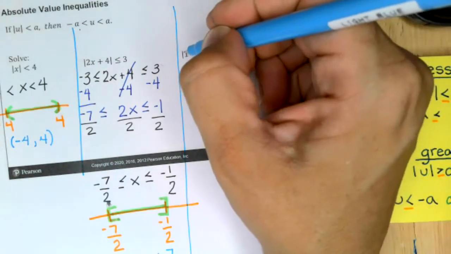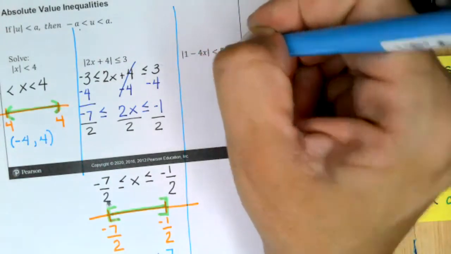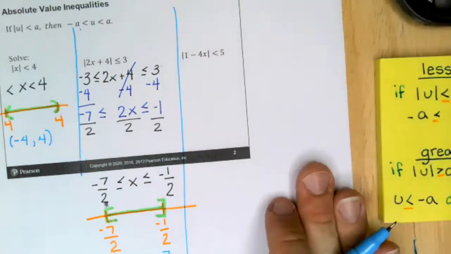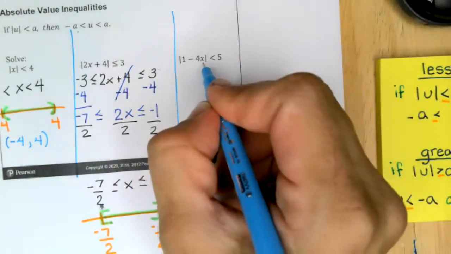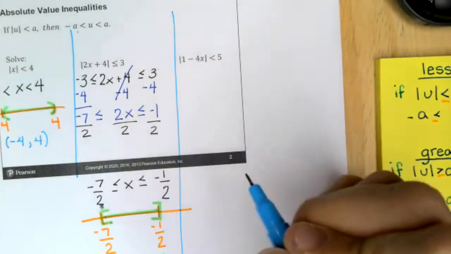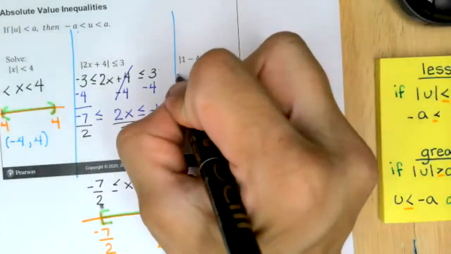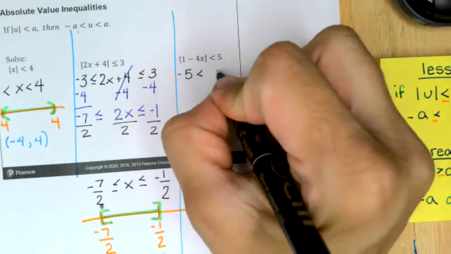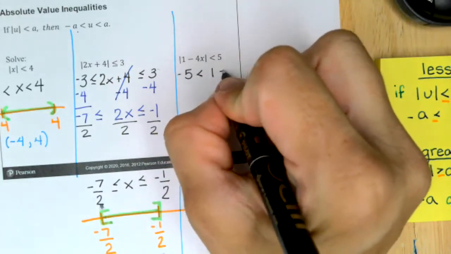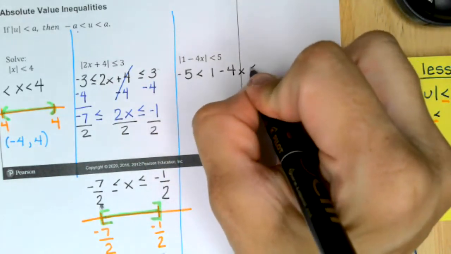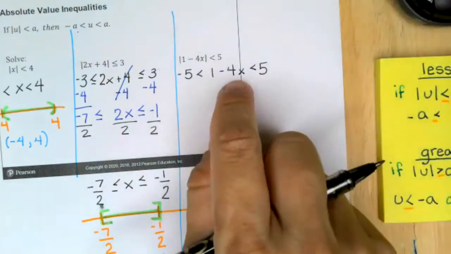The absolute value of 1 minus 4x is less than 5. It is already isolated, so I'm just going to say negative 5 is less than 1 minus 4x, which is less than 5. So no absolute value bars.